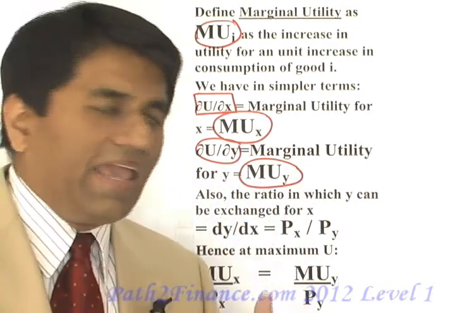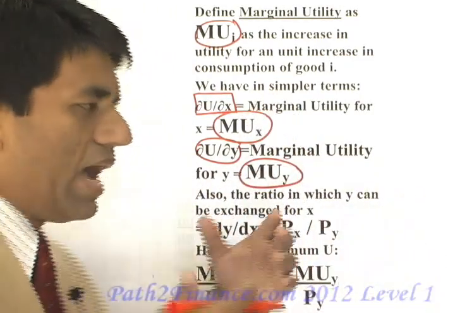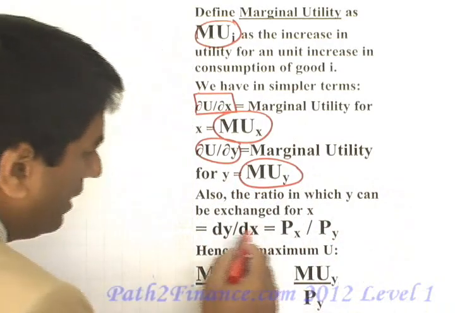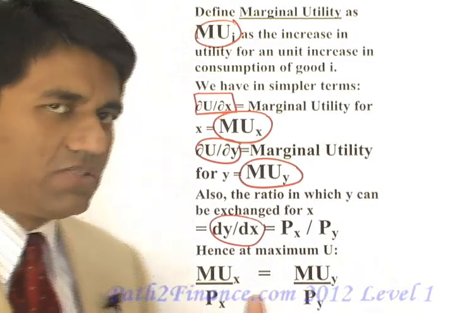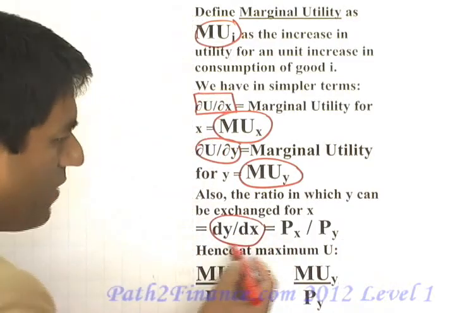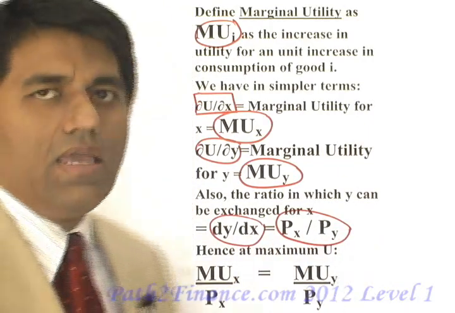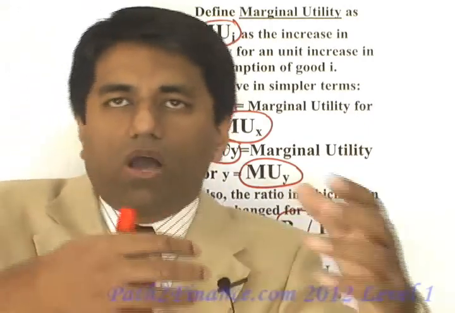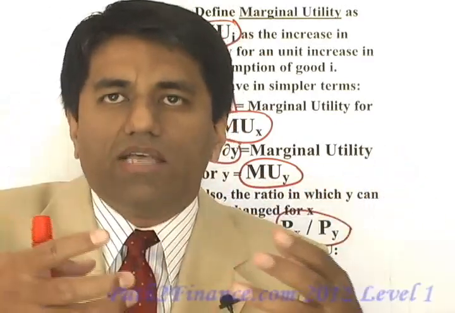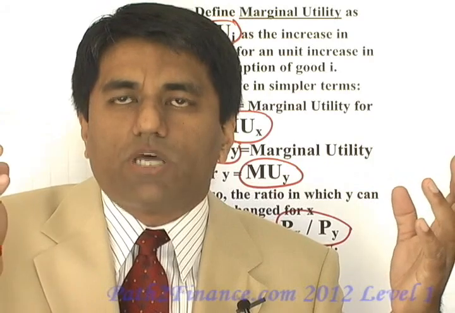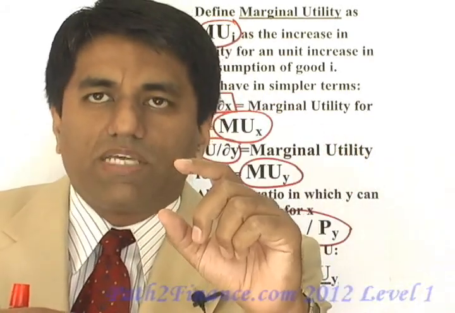So what we are getting is that, from the previous slide, I said that the dy by dx comes from the budget constraint, and the budget constraint is going to tell you that dy by dx equals the price of x divided by the price of y. Why is that so? Well, because your purchase of apples or peaches is not going to change the market price of apples or peaches. So the price for you is fixed for apples and peaches.